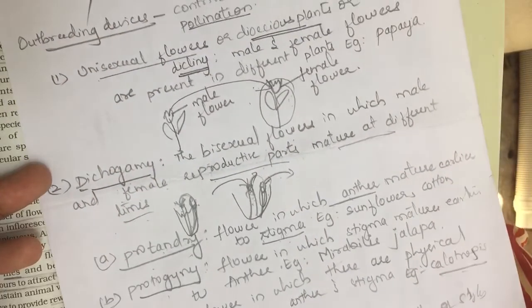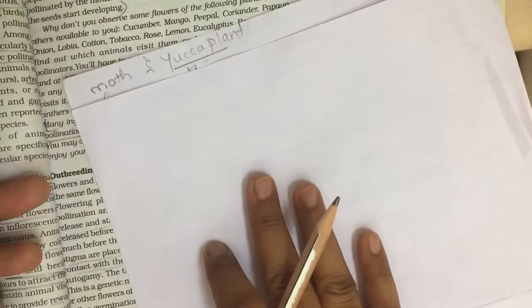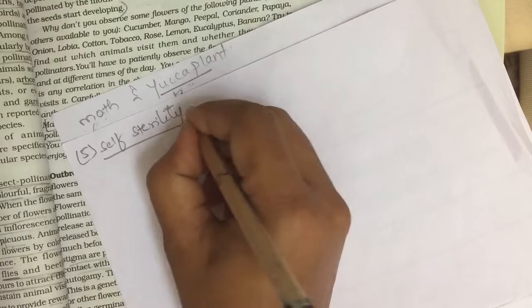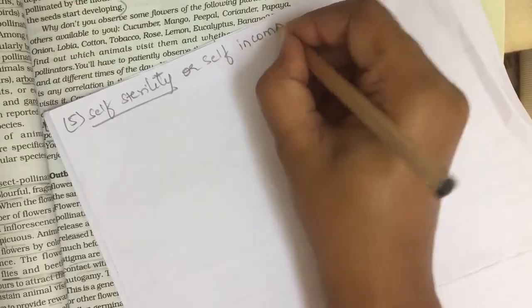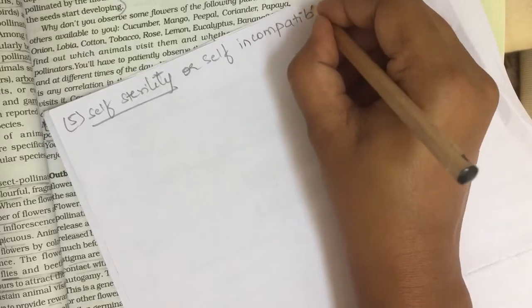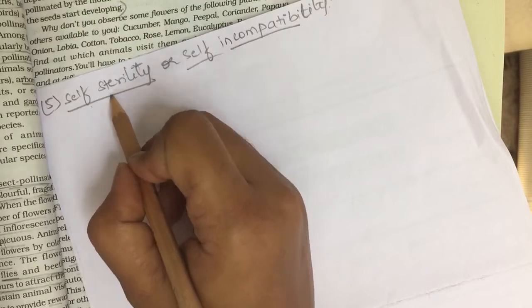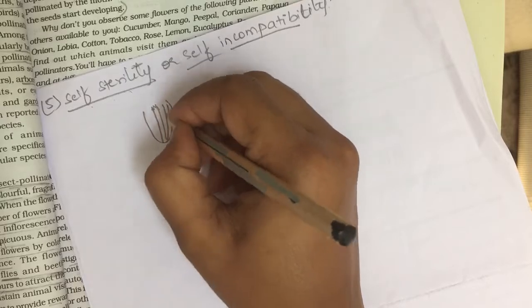Right, now we shall talk about the next after heterostyly, the fifth one: self-sterility or self-incompatibility. Self-sterility means the flower is sterile for its own pollen. If this is a flower, it consists of a stigma and an anther.